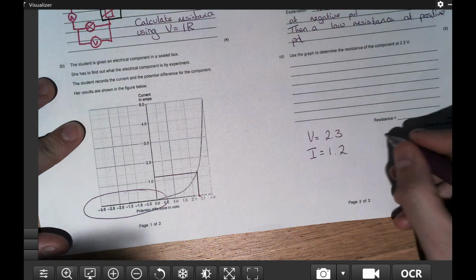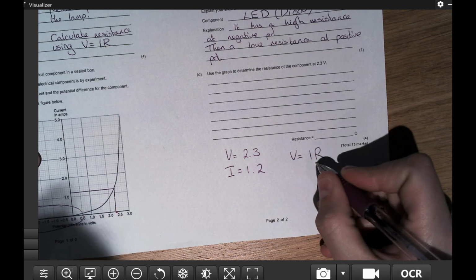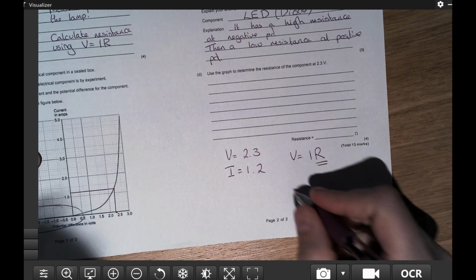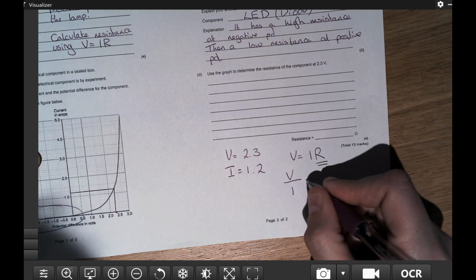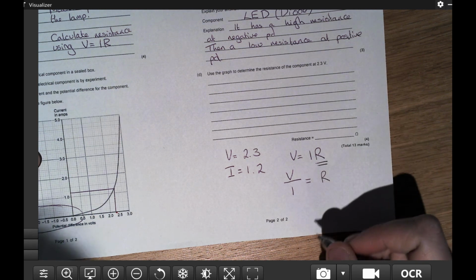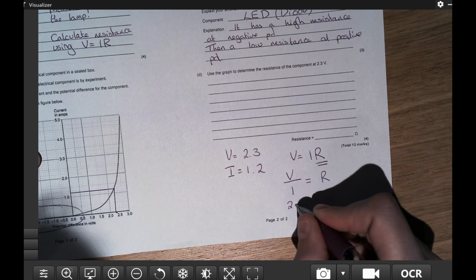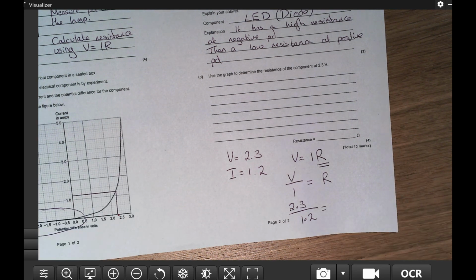And then I can take my equation, V equals IR, and I want to work out what R is, so I'm going to divide both sides of my equation by I, so I end up with V divided by I equals R on its own. The I's would cancel out on this side, and so then I can put 2.3 divided by 1.2 into my calculator.